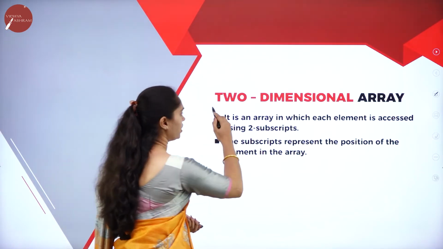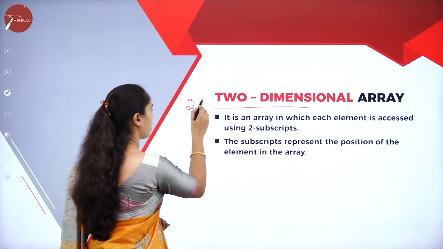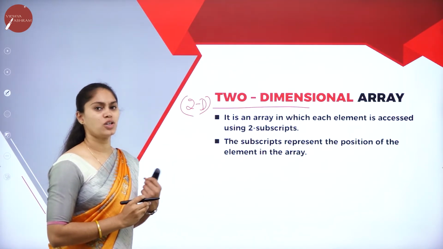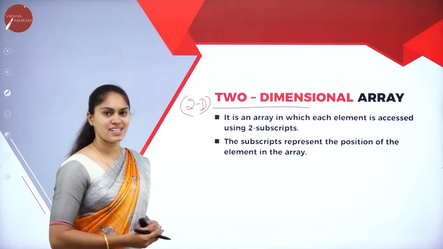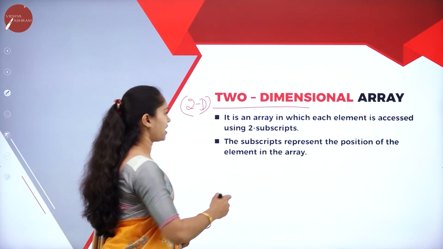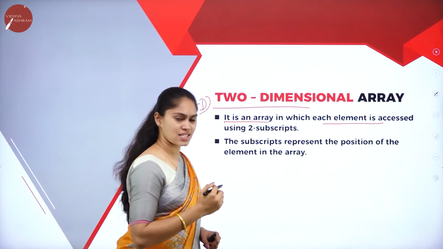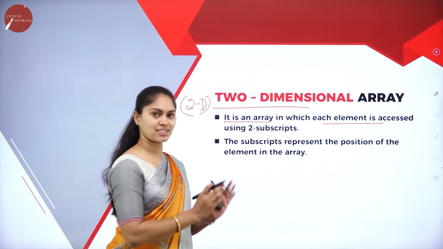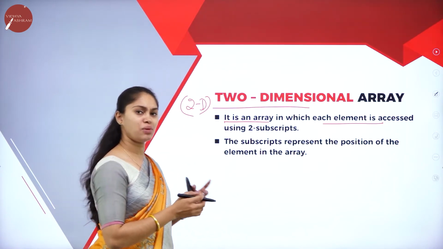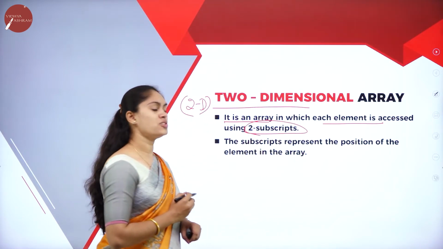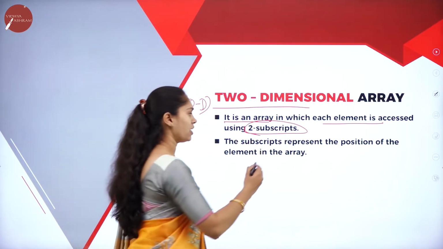In short, we are going to call this a 2D, so a 2D array or two-dimensional array. We'll see the definition of the two-dimensional array. It is an array in which each element is accessed, that is, the location of an element in the array is fetched, using two subscripts or two indices.